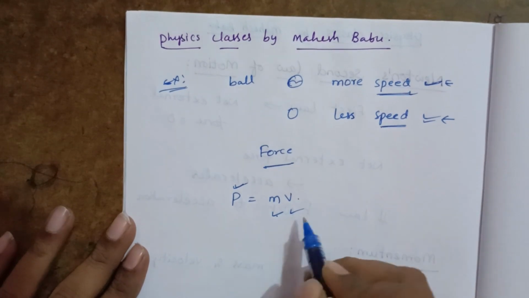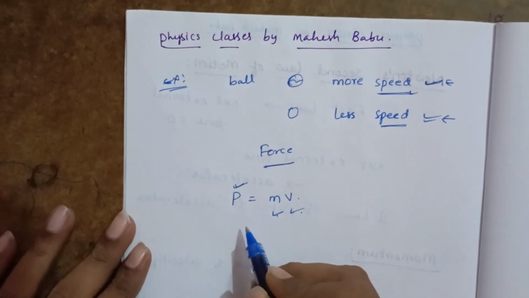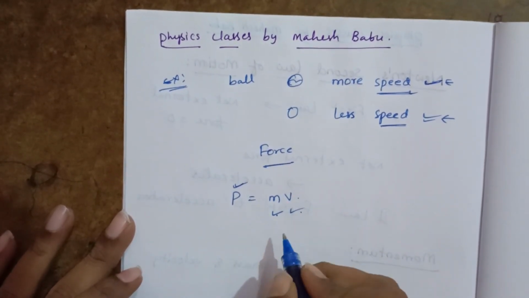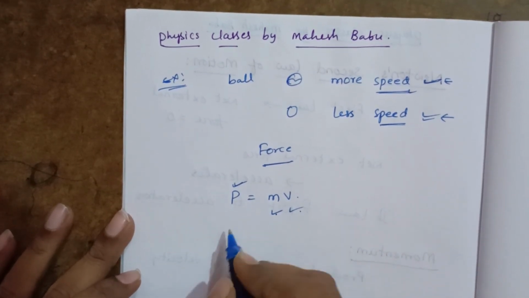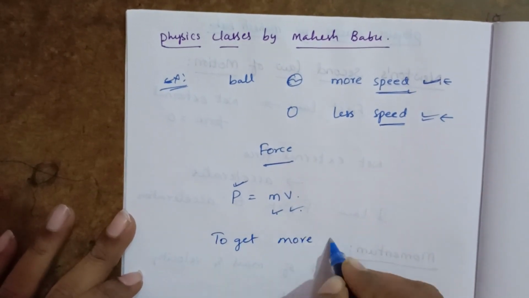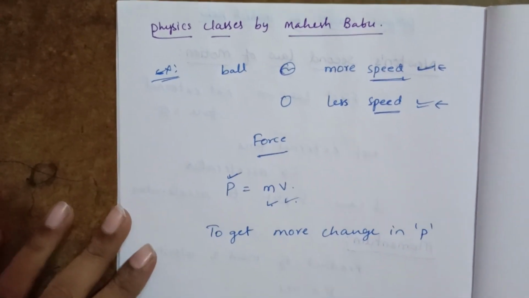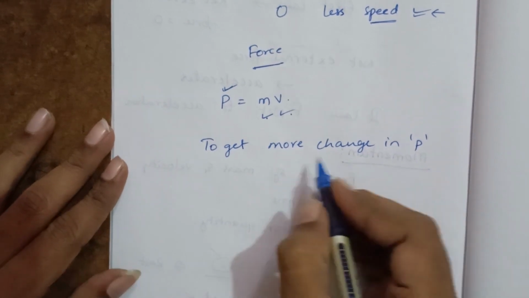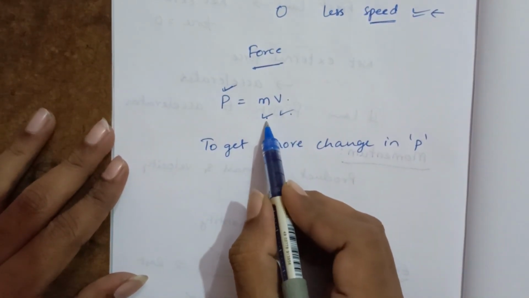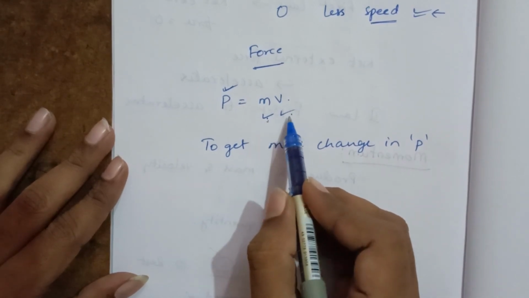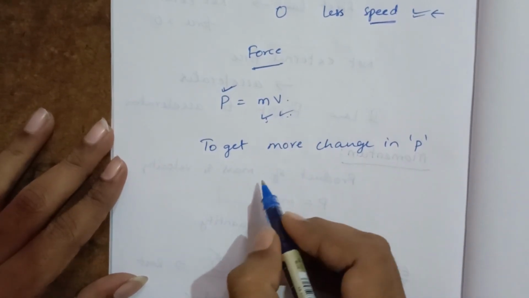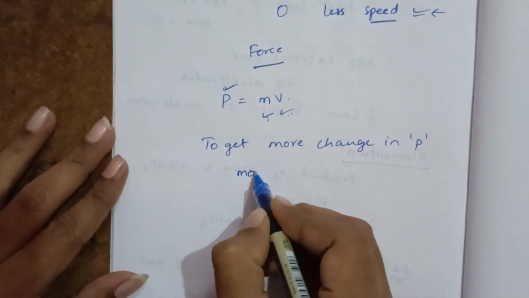To get a greater change in momentum, mass or velocity should change, and we should apply more force.